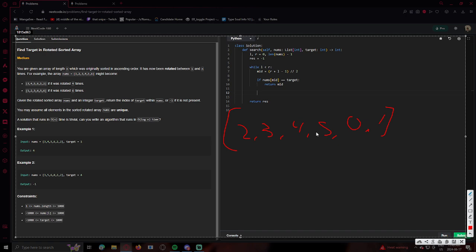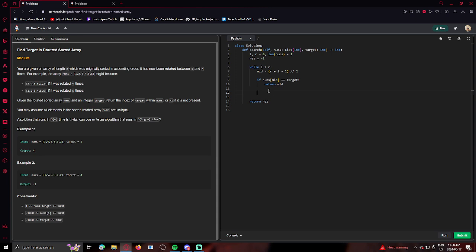So if I say, okay, the closer one becomes that, so we'll look at if absolute nums at R minus nums at mid is less than absolute nums L minus nums at mid, then what?